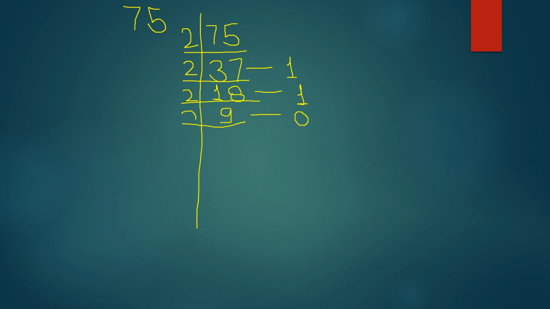Then again dividing it by 2, we get 4s are 8 and the remainder here is 1 this time. Finally dividing it by 2 again, then 2 2s are 4, remainder left is 0. One more time dividing it by 2, we get here 1 and the remainder here is 0 again.